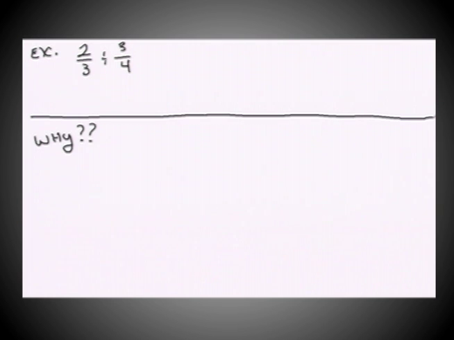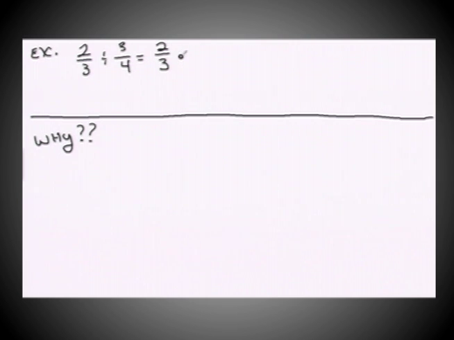Okay, so we have a very simple example here of 2/3 divided by 3/4. And I'm going to state this problem a different way in a moment so that you can see how it works with compound fractions. But if we just apply the rule here, the rule says we don't ever divide. We keep our first fraction, our dividend.